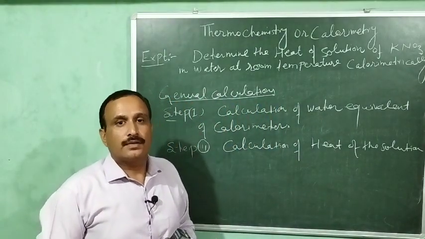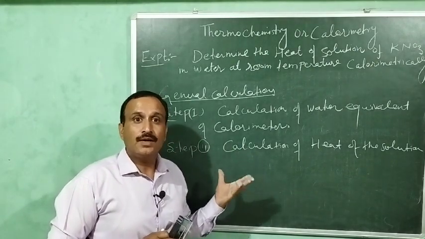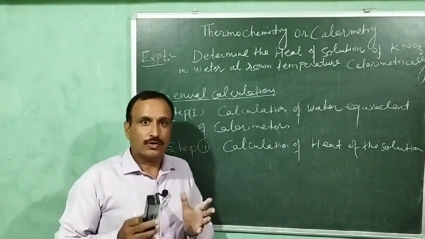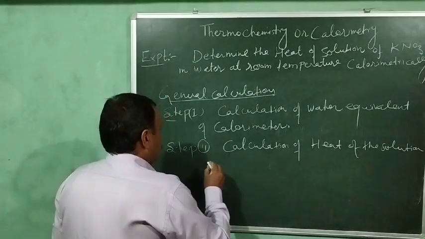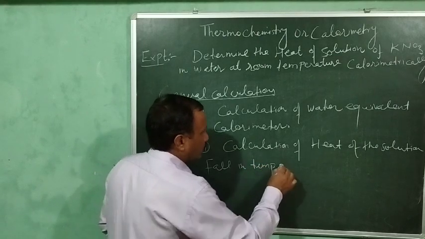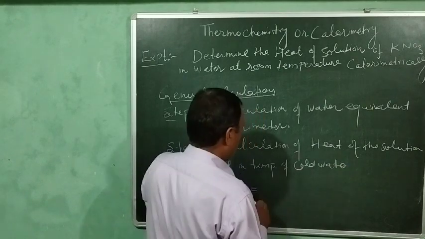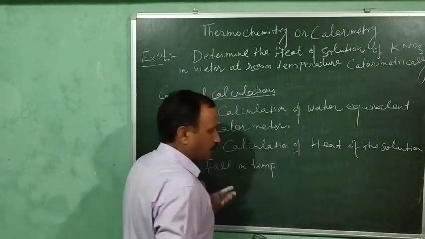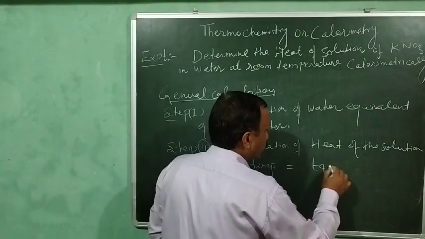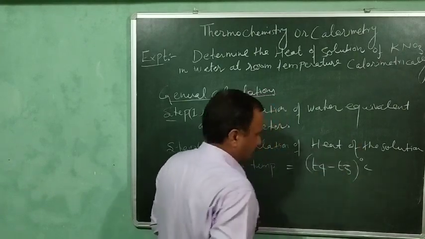And to calculate the heat of the solution, we will first of all measure the fall in temperature of the system, water or the calorimeter. So the fall in temperature will be equal to T4 minus T5 degree Celsius.